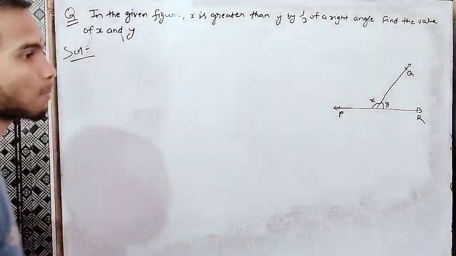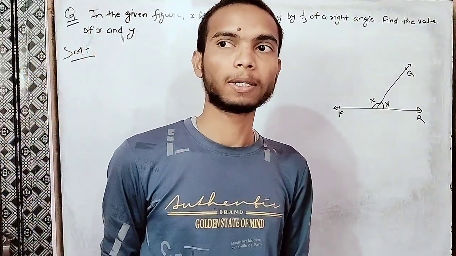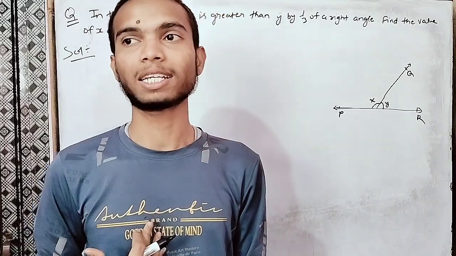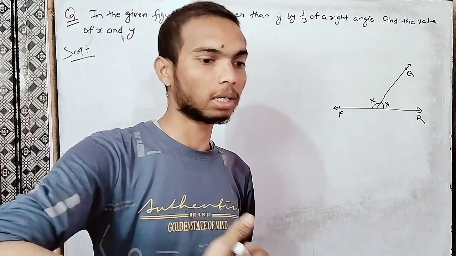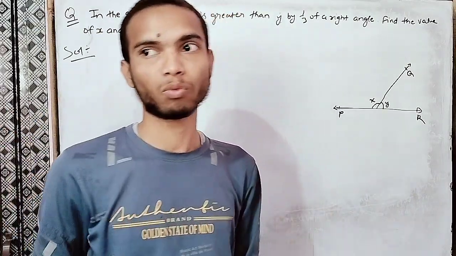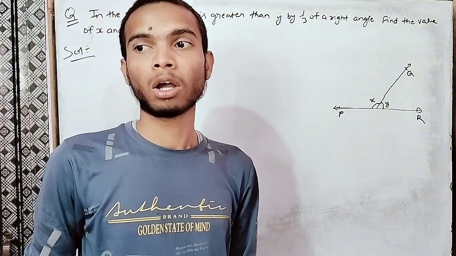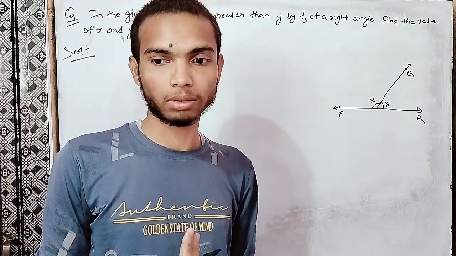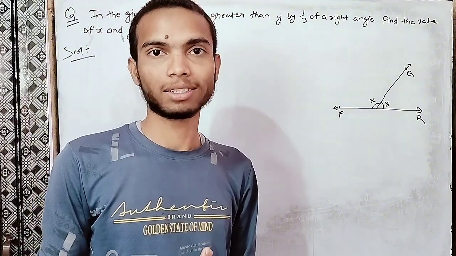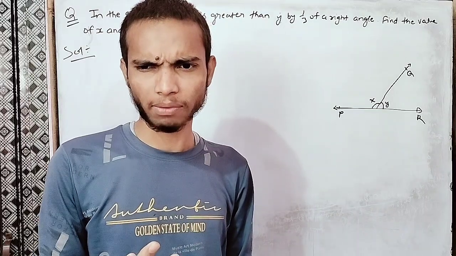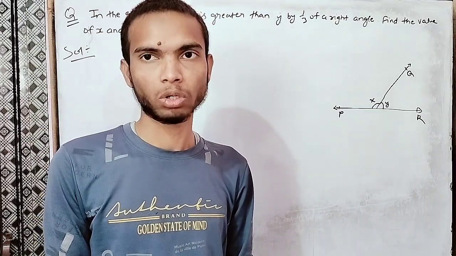First of all, we will simplify our statement. I mean to say that we will convert our statement into a linear equation. Then we will simplify and get the exact value.